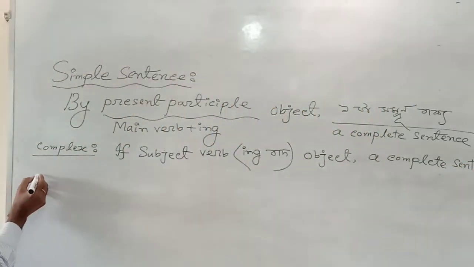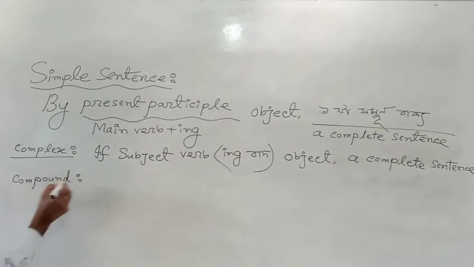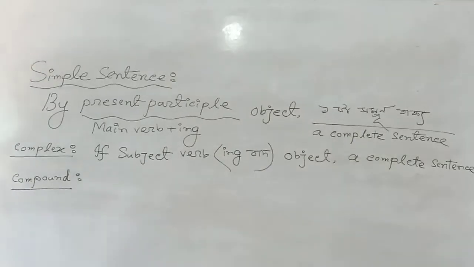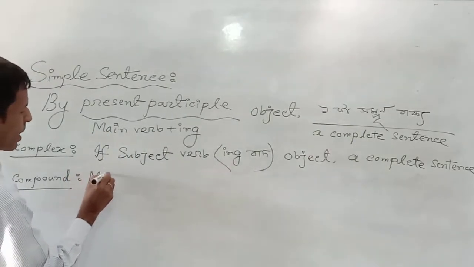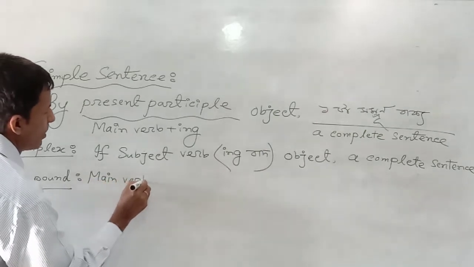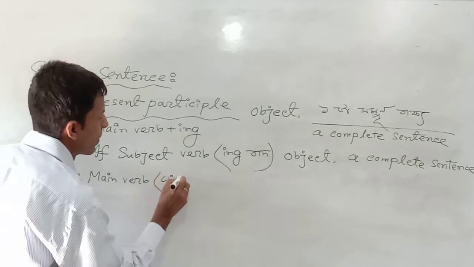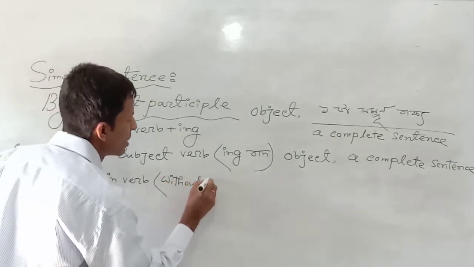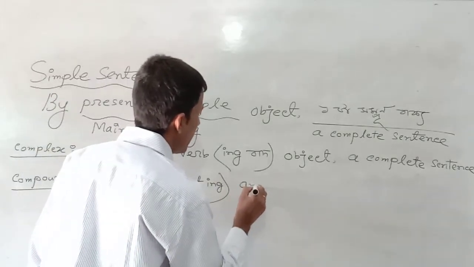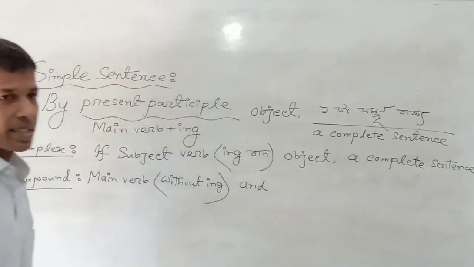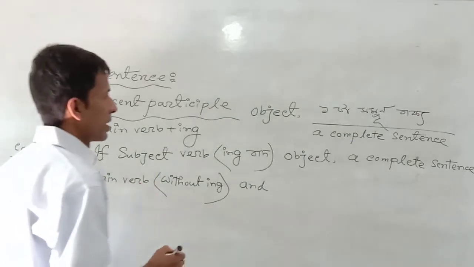In the compound form or compound sentence, first of all you will have to write the main verb without ing. After that you will have to write "and", because "and" is the salient feature or remarkable characteristic of compound sentence.